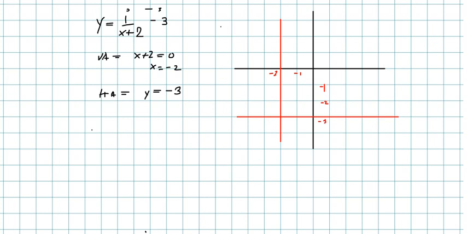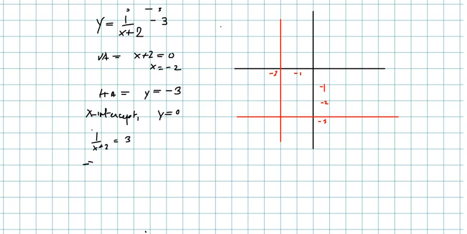Now, there will be intercepts also. How do you find the x and y intercept? So, to find the x intercept, you make y equals 0. So, if you make y equals 0, the above equation reduces to 1 by x plus 2 equals 3.